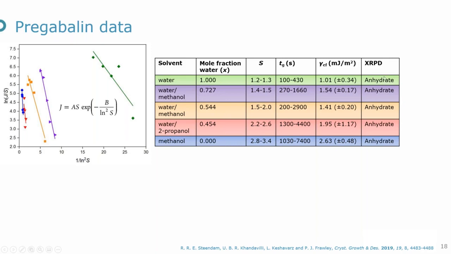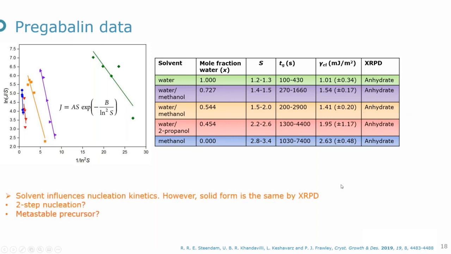But what's really surprising in this case is that although we see significant differences across our experiments in all observations, if we look at the final product, we always obtain the anhydrous form, which is present in literature. So at this stage, we thought, okay, maybe the two-step nucleation process is involved rather than classical nucleation theory, or we form a metastable precursor before the anhydrous form.